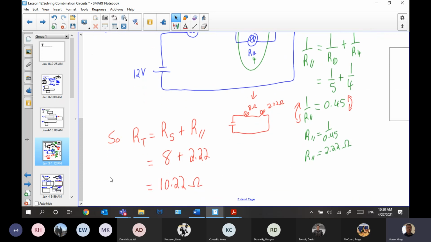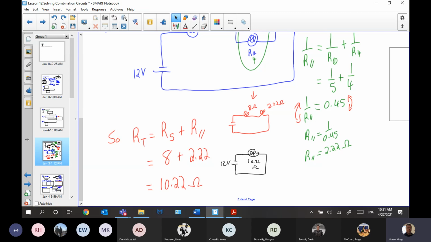I don't know if I have it redrawn here, but certainly it could be. So basically we have a circuit with 10.22 ohms, and that's really overall what we've got. And we know that it's 12 volts.